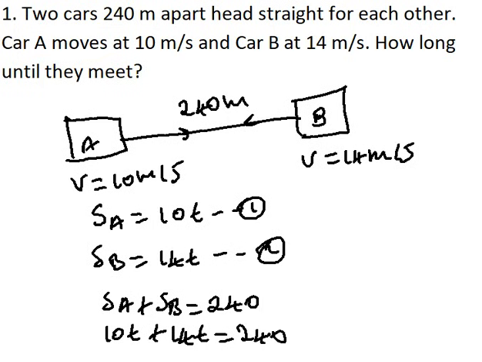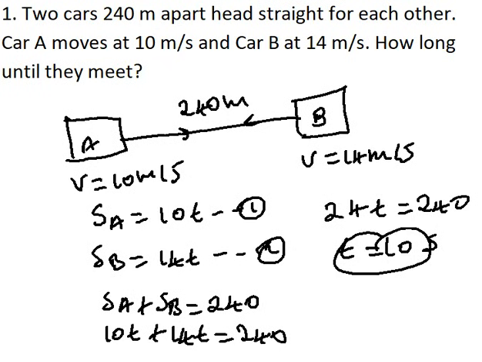It should be 24d, which is equal to 240. And for this case, the time will be 10 seconds. So both have to travel about 10 seconds until they meet, and the distance traveled by each, we just have to substitute for SB as well as SA.